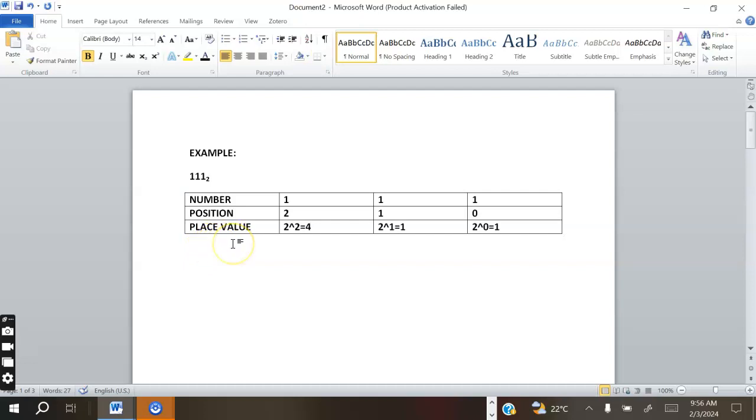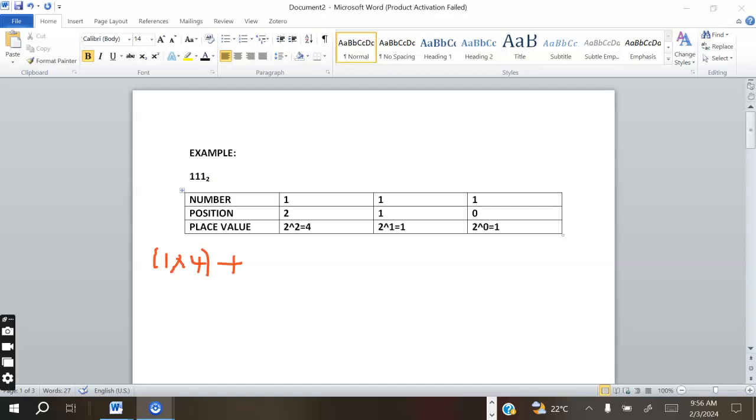You multiply each digit with its respective place value. So for this one, this is 1 multiplied by 4.